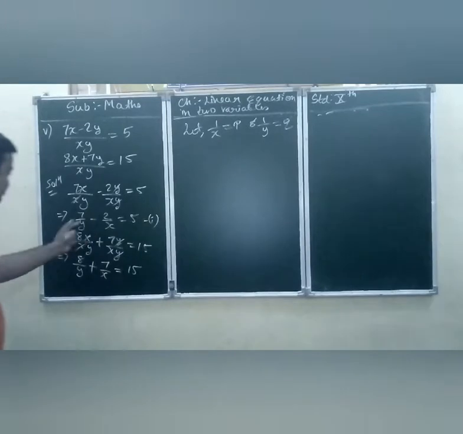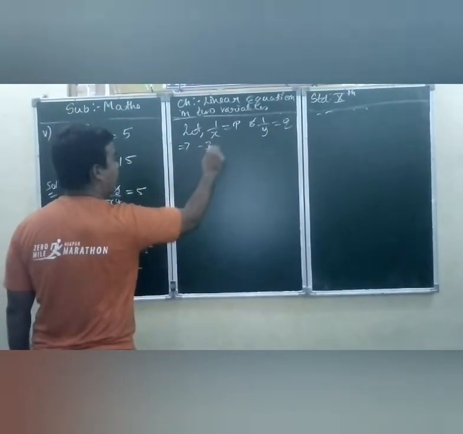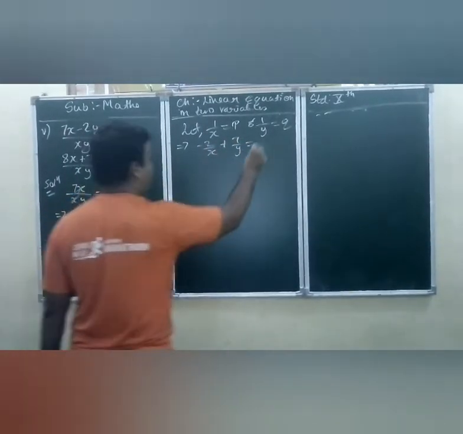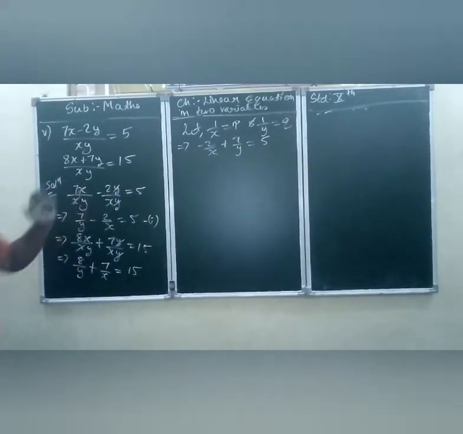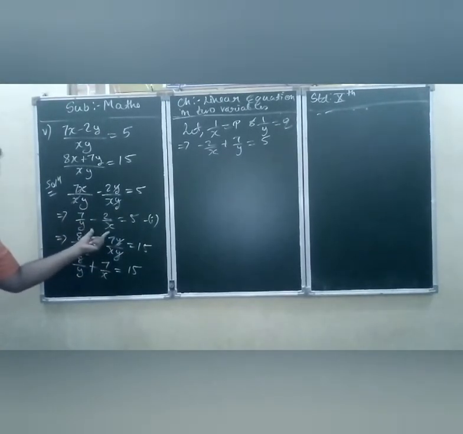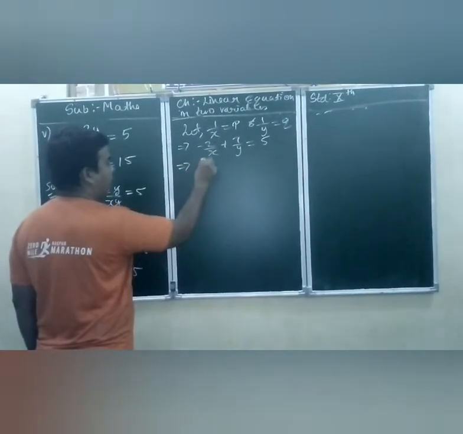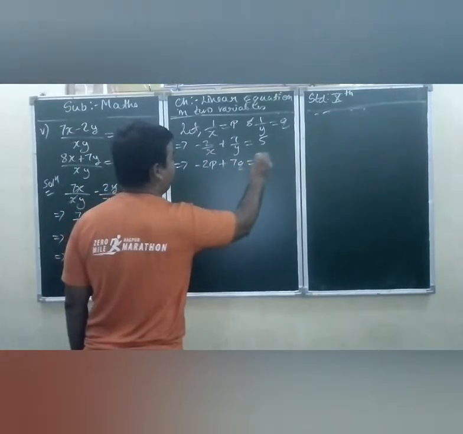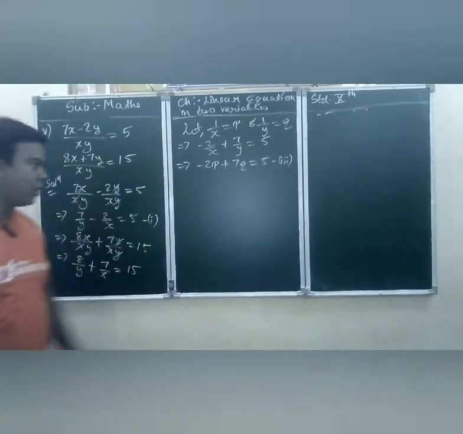So we rearrange the equation. Write the first equation: minus 2 by x plus 7 by y is equal to 5. Now the value of 1 by x is p, so minus 2p plus 7q is equal to 5. This is the new third equation.